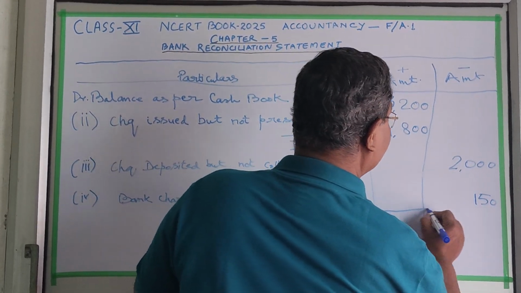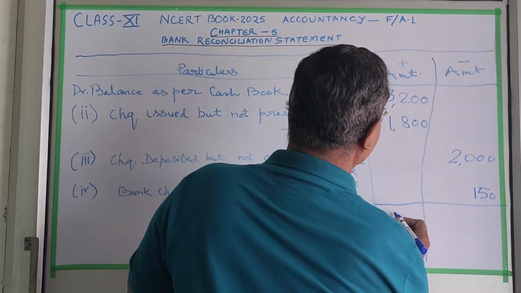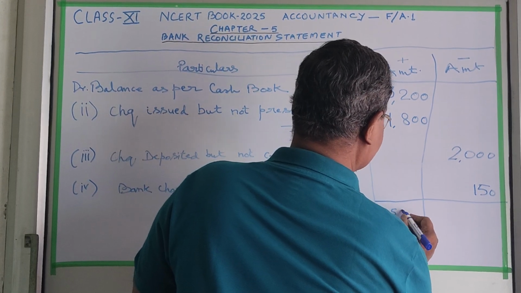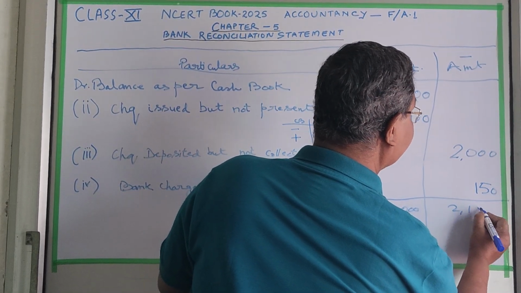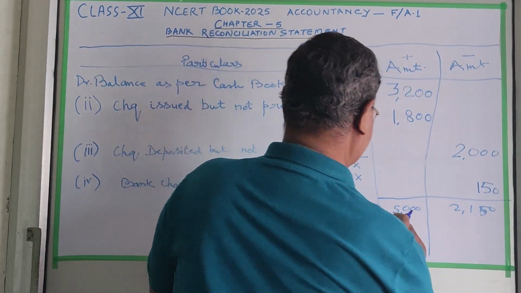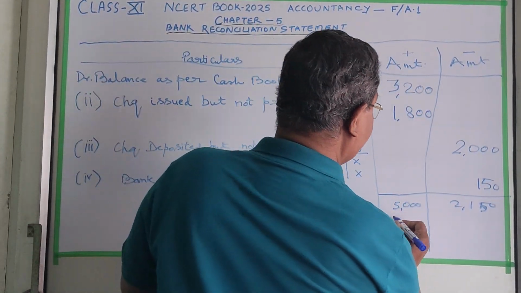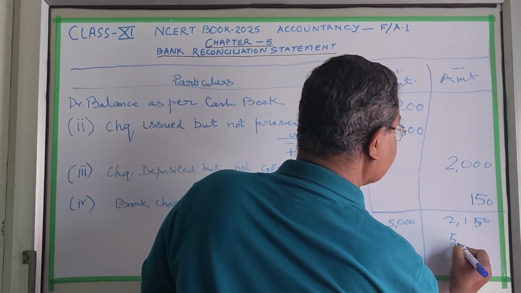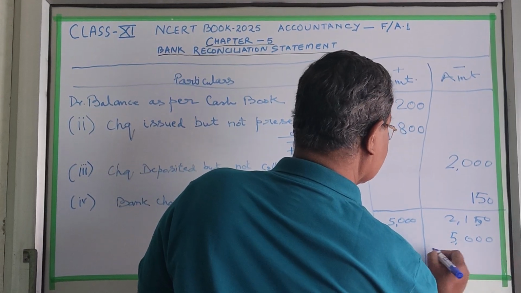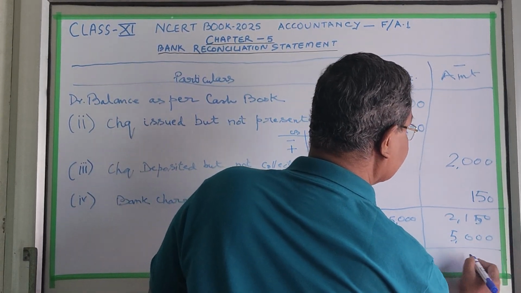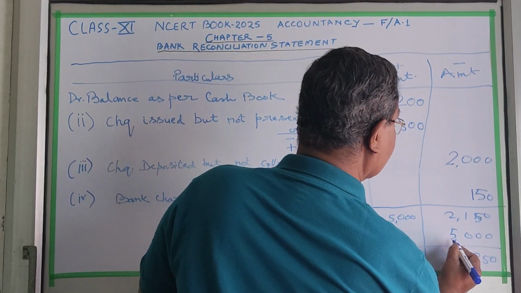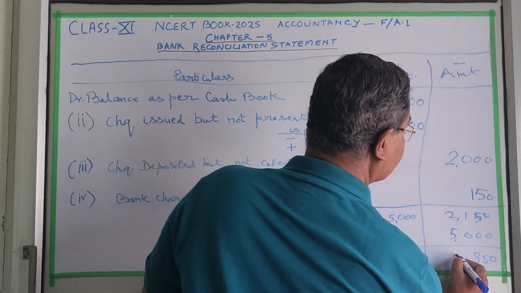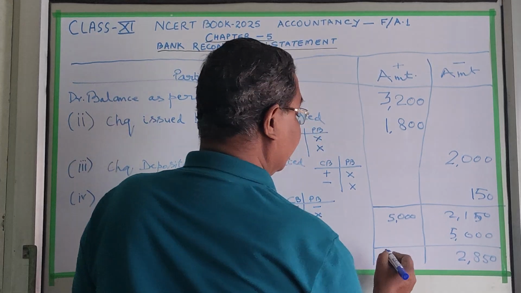So what happens? Here it is 5,000 and here it is 2,150. So this 5,000 we will write here and the balance is 2,850.